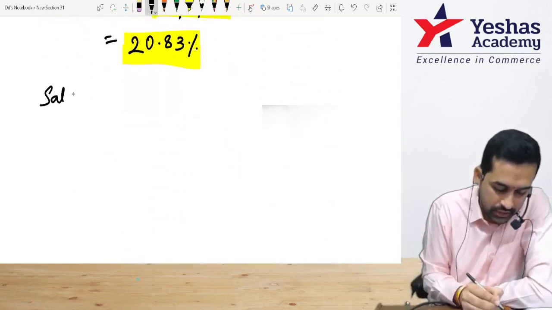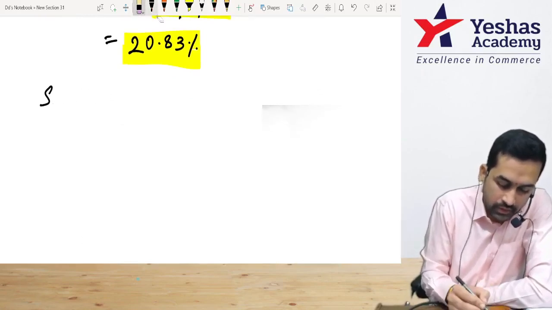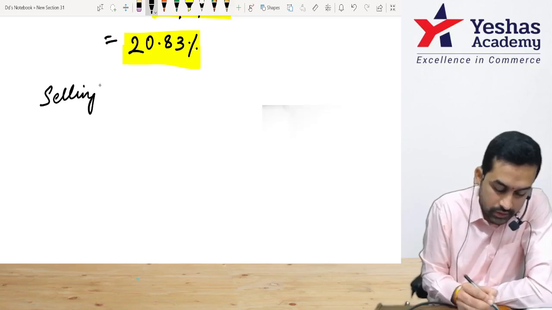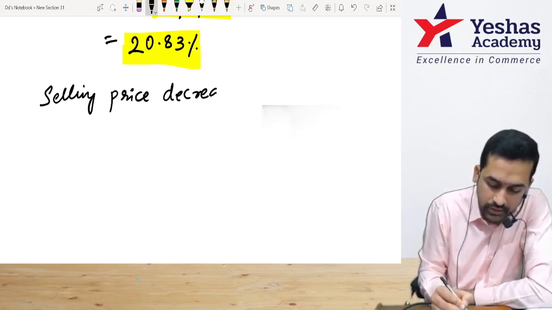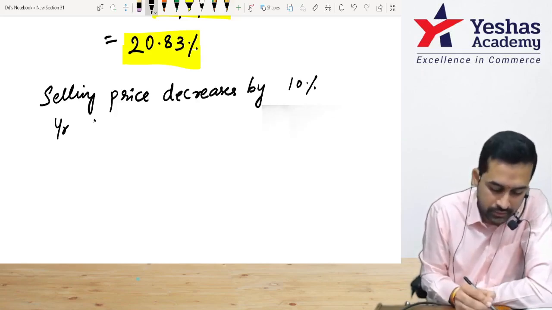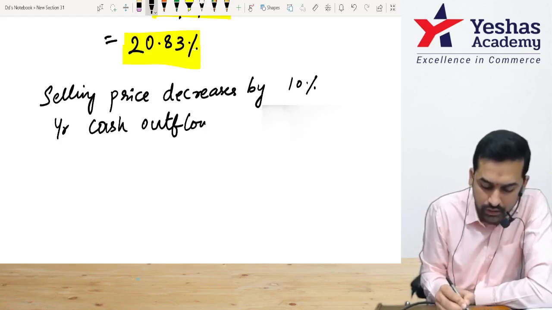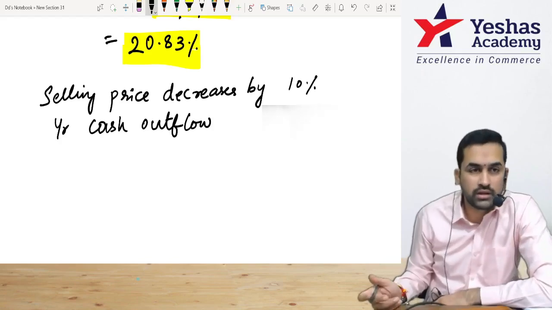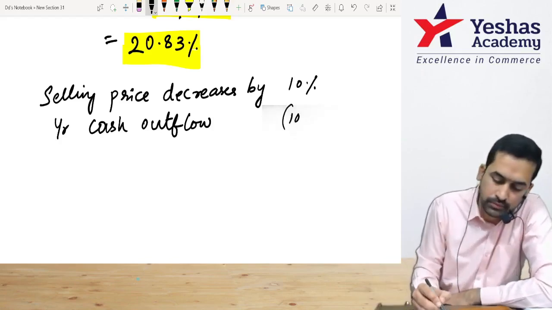Second is selling price. Selling price decreases by 10%. Year 0, no change.